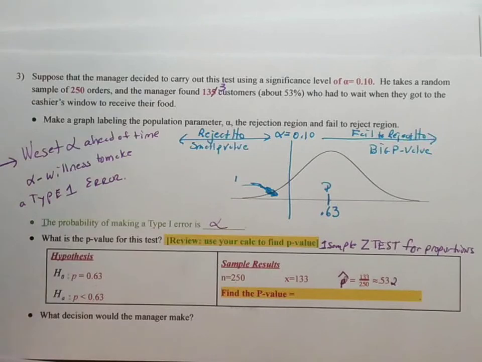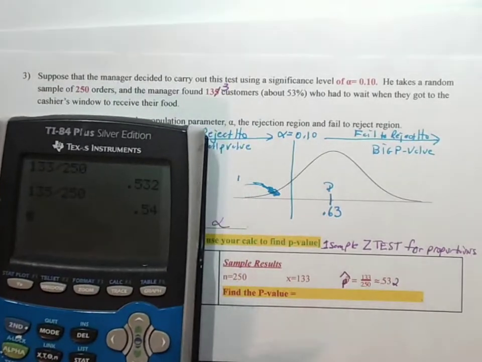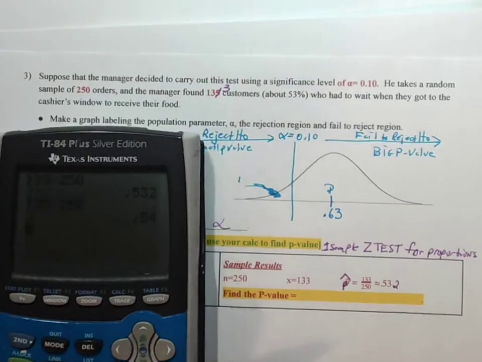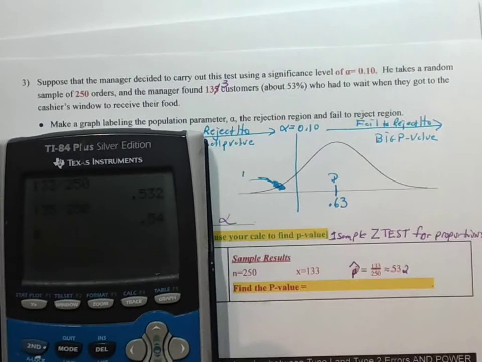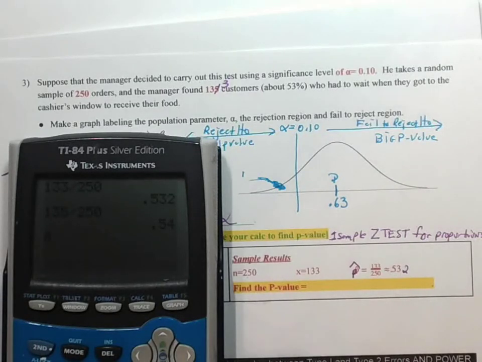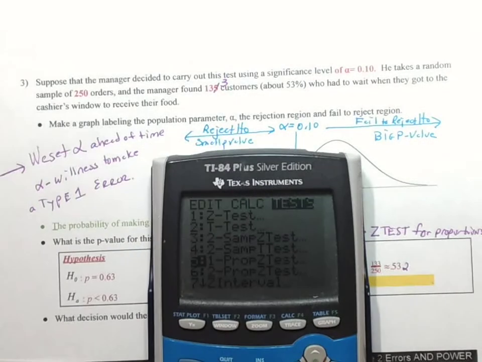So now I want you to go to your calculator and what you're going to want to do is go to Stat, Tests. This is a proportion, and it's a z-test, so it's a one proportion z-test. Hit Enter.